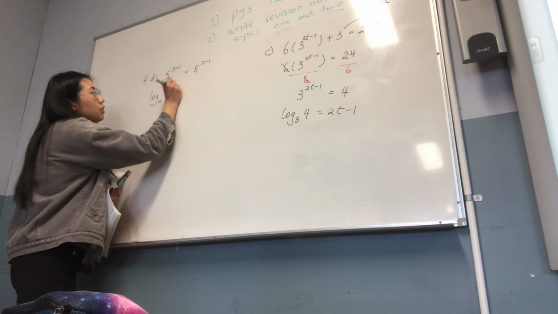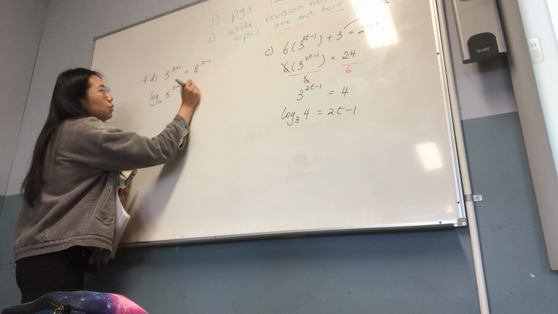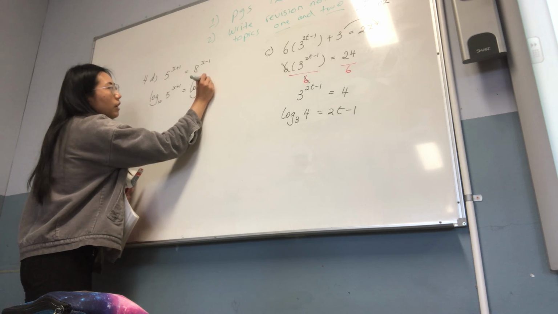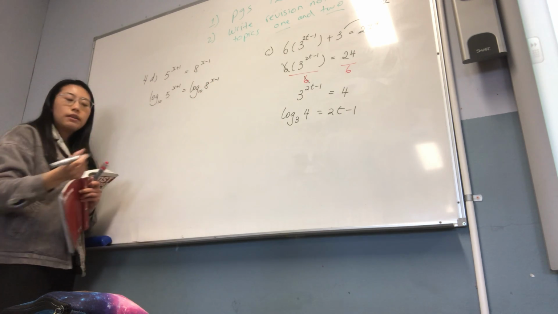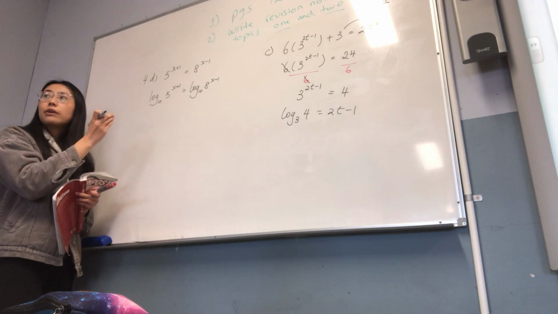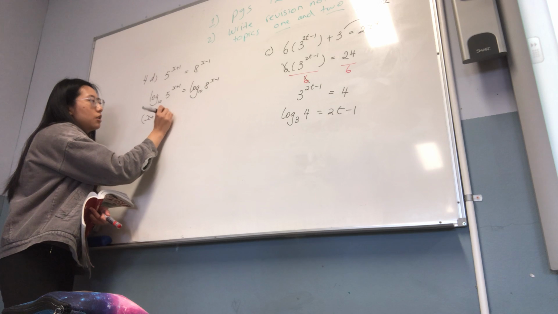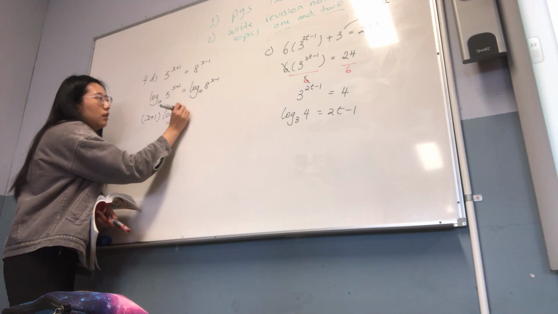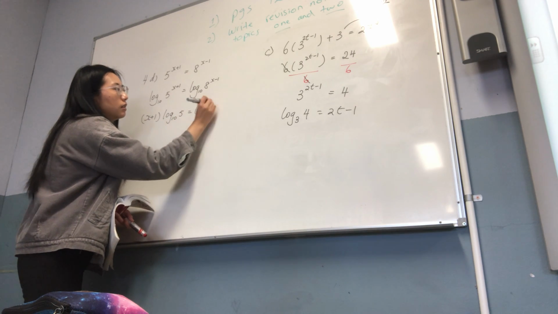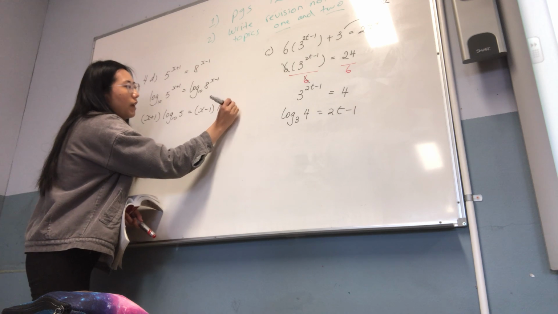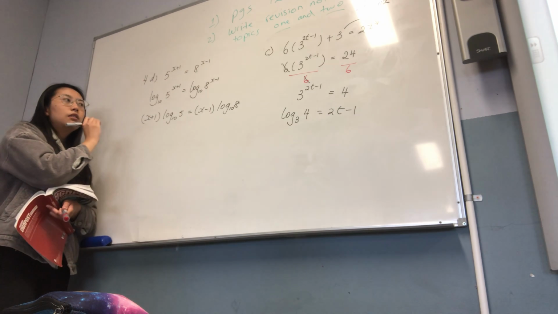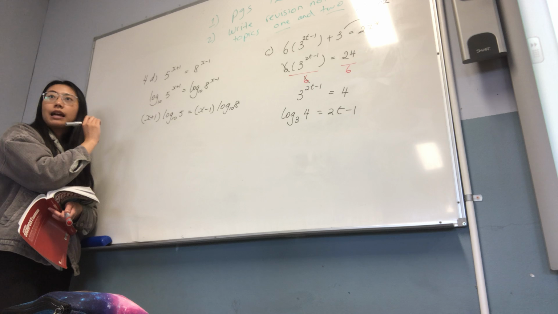So 5 to the power of x plus 1, that's equal to log 10 of 8 to the power of x minus 1. Now I can bring the powers down, right? So x plus 1 times log 10 of 5, this is equal to x minus 1 times log 10 of 8. Then the next step is just combining everything that's like.